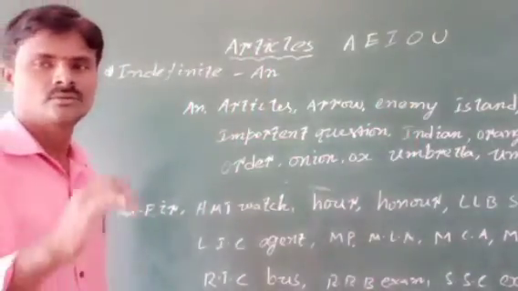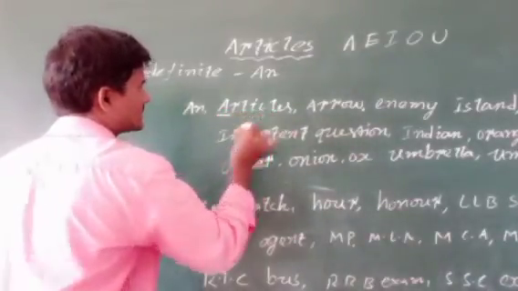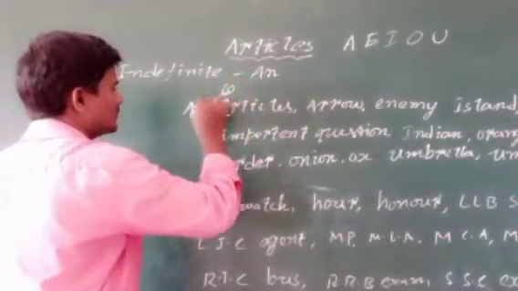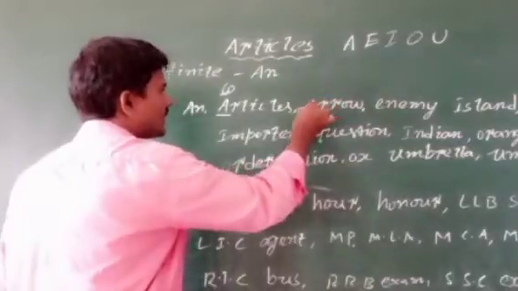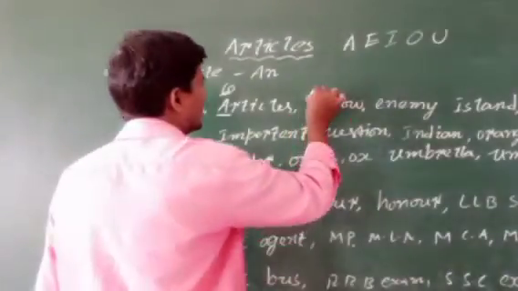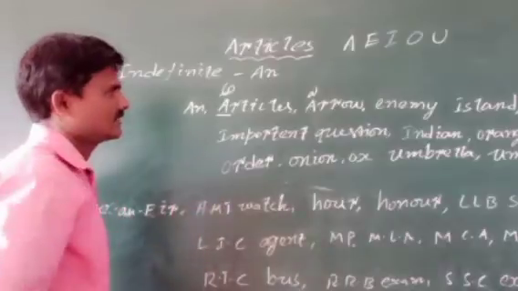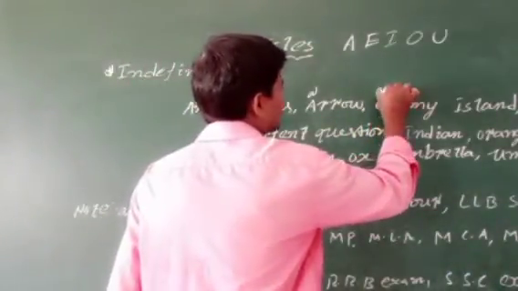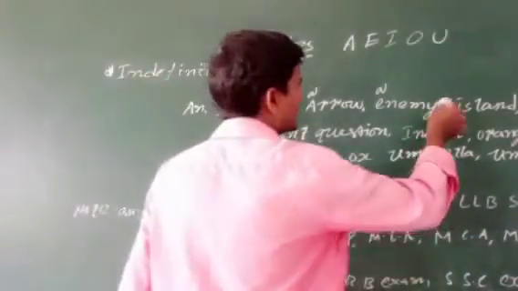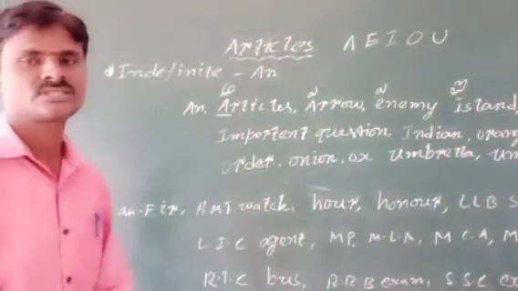An apple, it is starting with a, so we have to use an here. Arrow also, the sound is a sound, so you can use an. Enemy, here also an e sound, you can use an article. Island, you can use an island. The pronunciation is Iceland, not island.